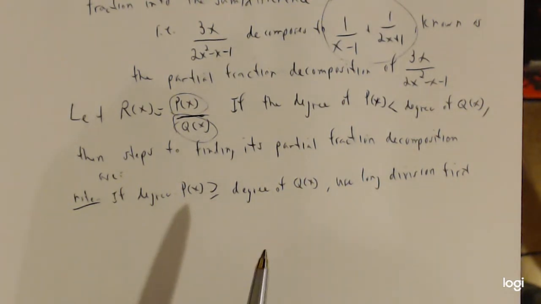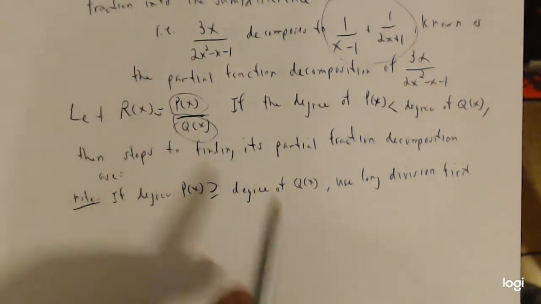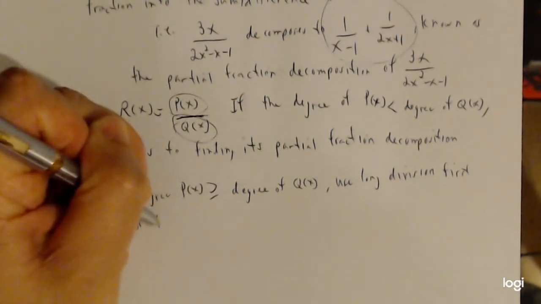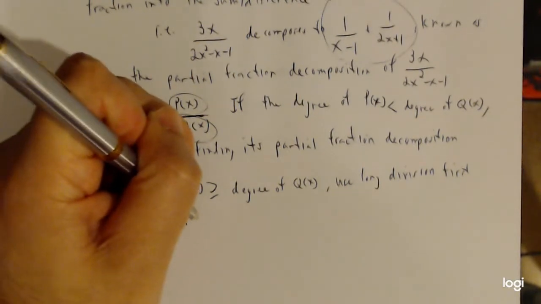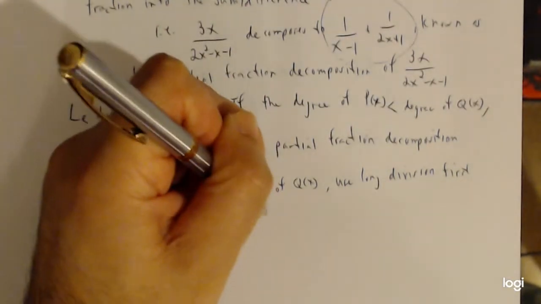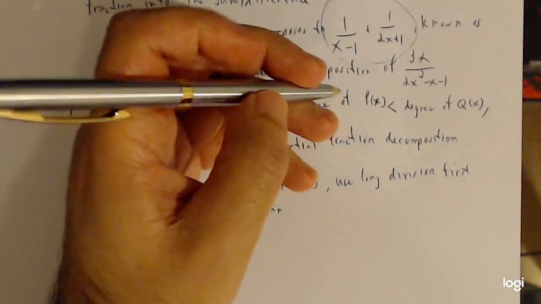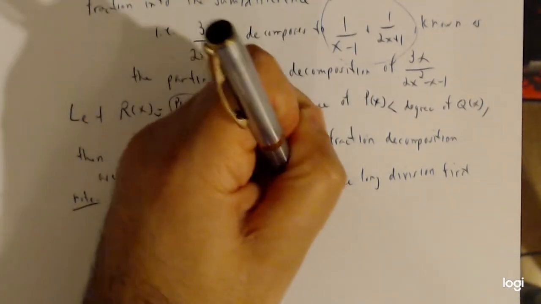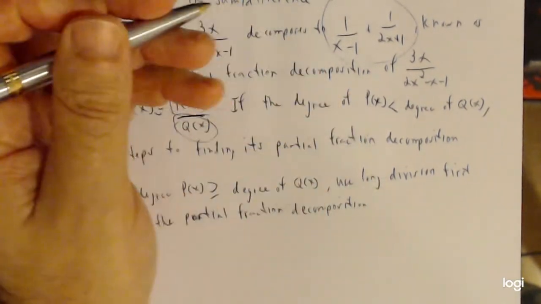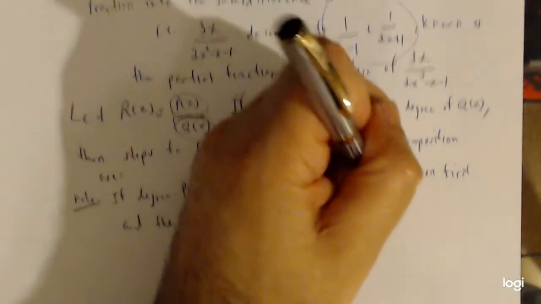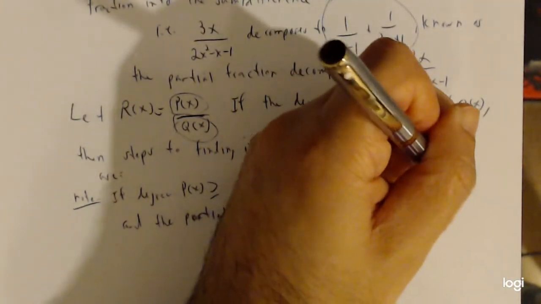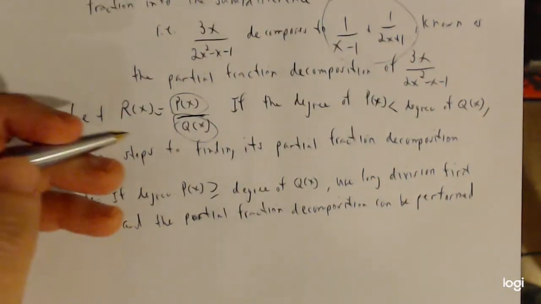So when we use long division, the partial fraction decomposition can be performed on the remainder.